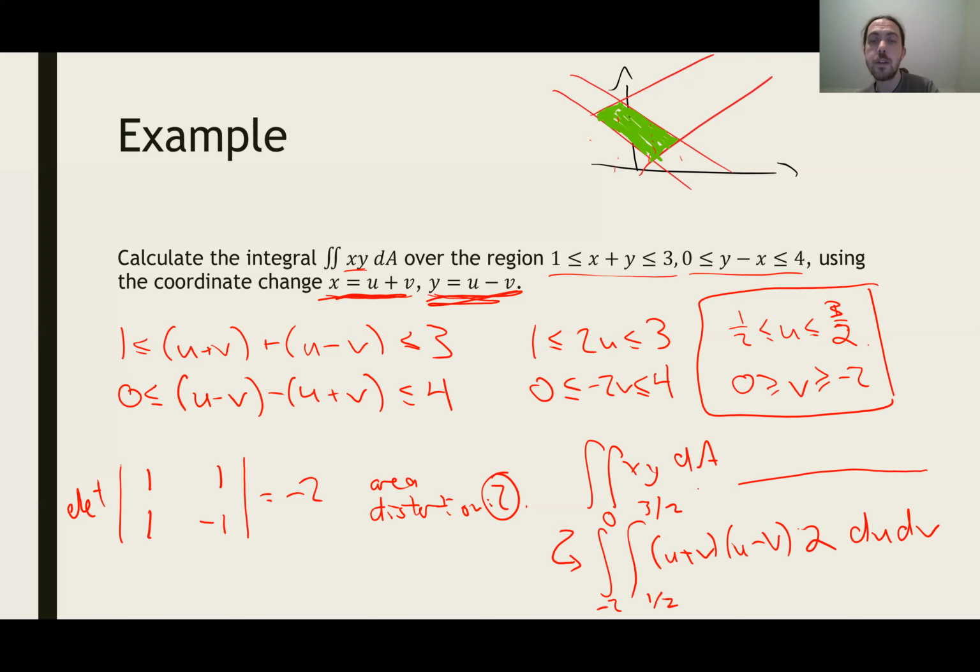So it turns it into this integral. And by contrast with the original integral where the bounds were really unpleasant, this integral is doable. We can just run through it stage by stage. We don't have to break it up into pieces. And so this change of coordinates, even though it takes some work to set up the Jacobian and set up the new limits of integration, we do get a net savings as opposed to calculating 3 double integrals.